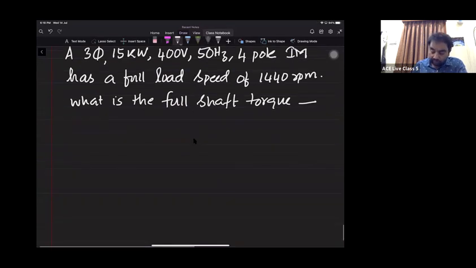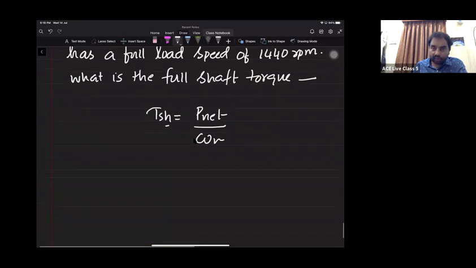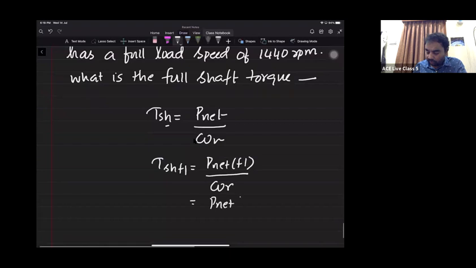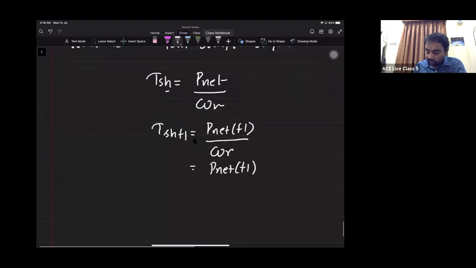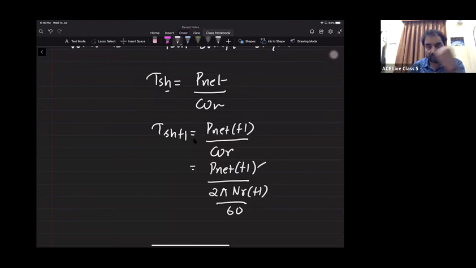If I want to calculate the shaft torque, it is equal to P net by omega R. As you are calculating the shaft torque at full load, it should be P net at full load by omega R at full load. Omega R is 2 pi rotor speed at full load by 60. Now what is the value of this full load net power?